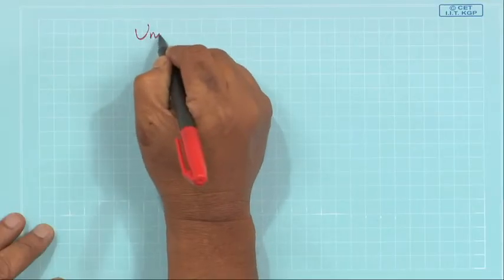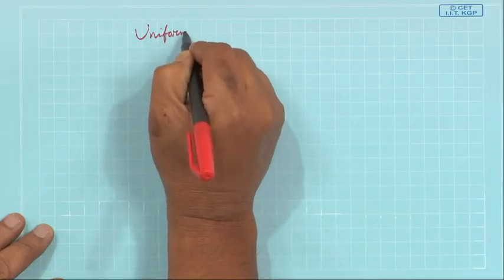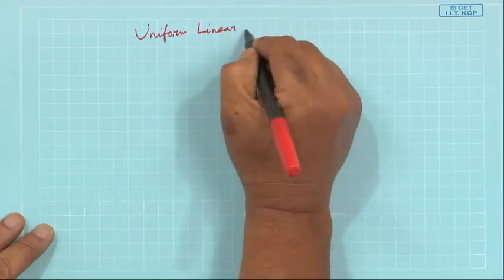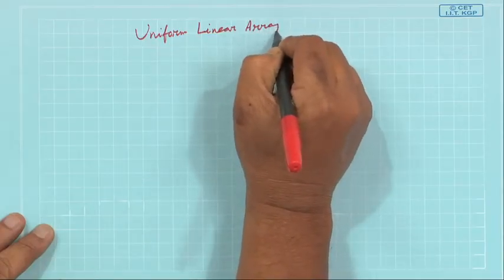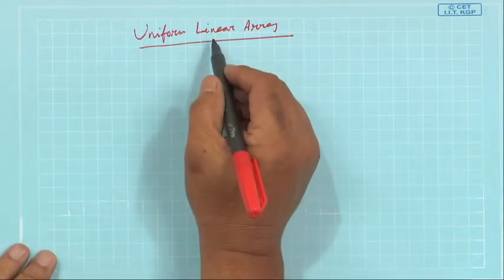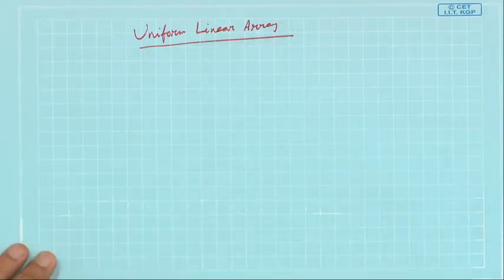Uniform linear array means the spacing between all the elements is the same, so the spacing is uniform. Linear means all the array elements are placed along a line.